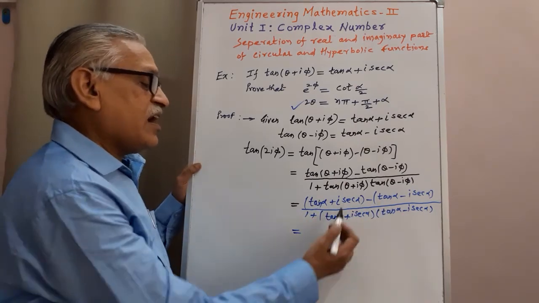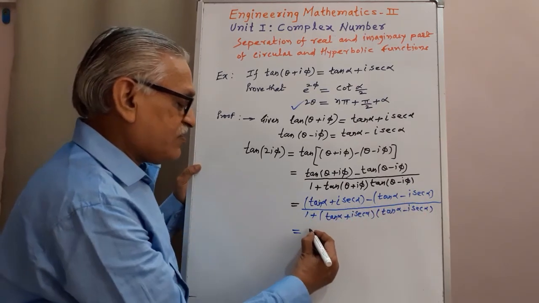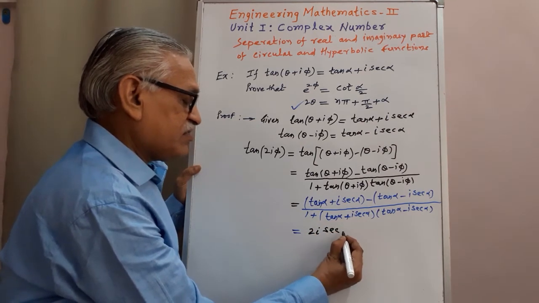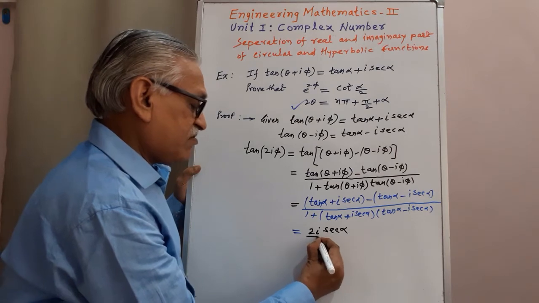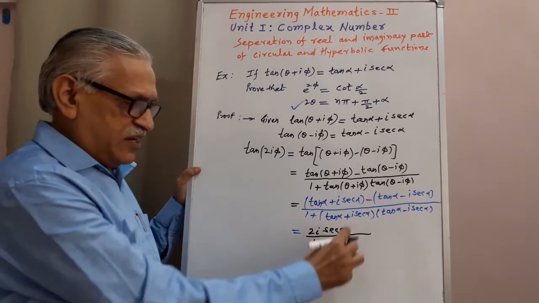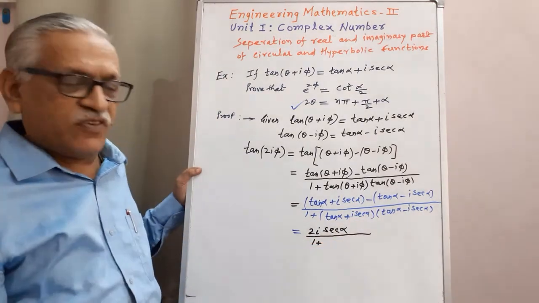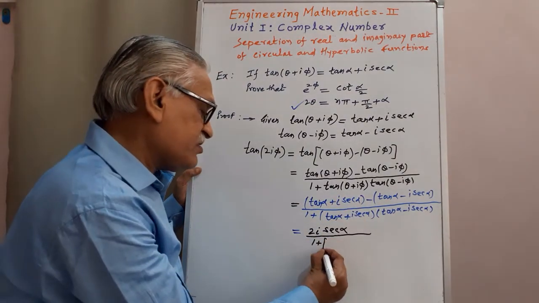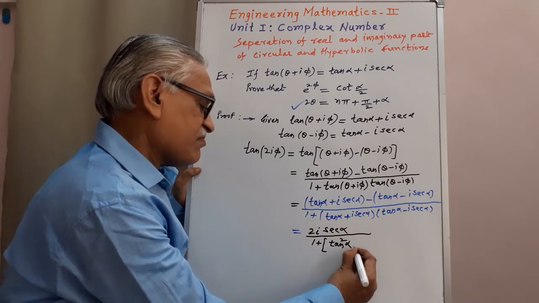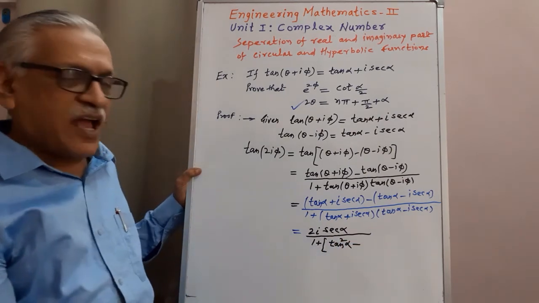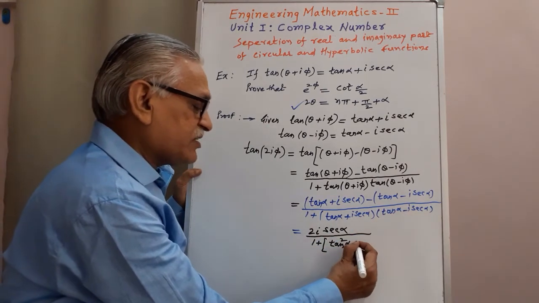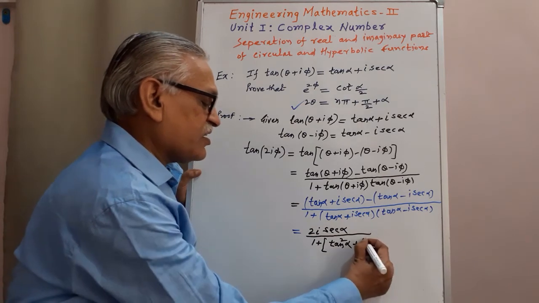And that is equal to, tan gets cancelled, i secant alpha plus i secant alpha we get 2i secant alpha, divided by 1 plus a plus b, a minus b, that product is a square minus b square, means it is tan square alpha minus i square. i square is minus 1, that minus and this minus become plus secant square alpha.